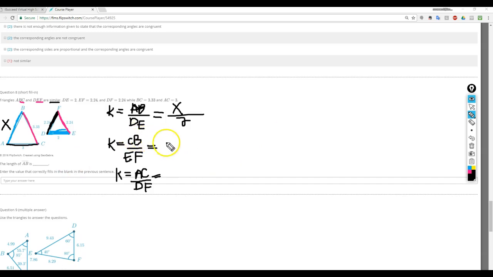So CB is equal to 3.33, and its corresponding side is EF, which is 2.24. AC is 3 divided by, and DF is 2.24.